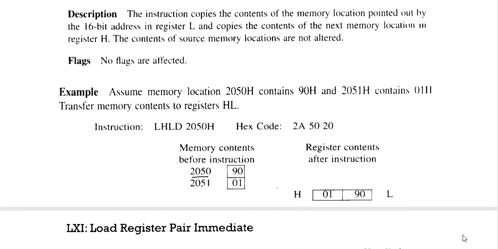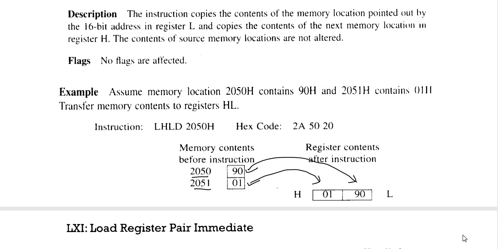In 2050 it has data 90, and in 2051 it has data 01. After the instruction, this 90 will move to the L register, and the memory address is then incremented by 1, and from that location, the 01 moves to the H register. So it will load from two memory locations and put the data in the HL register pair: from the lower address to the L register and from the higher address to the H register.